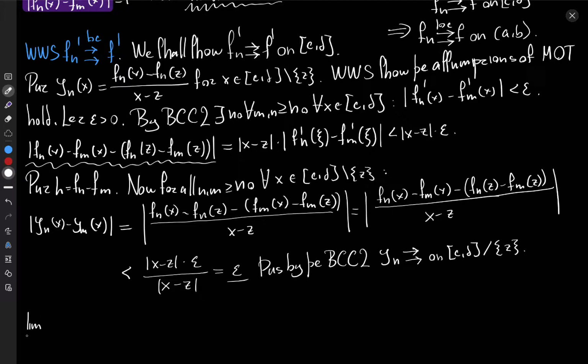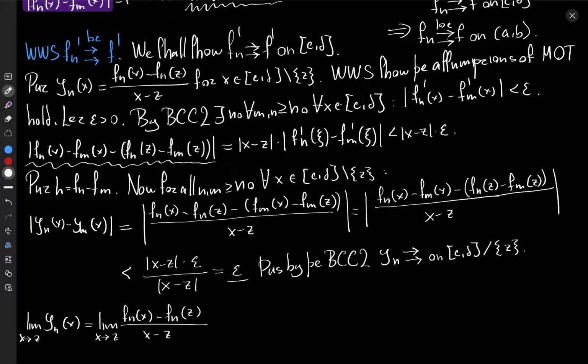Taking the limit as x approaches z of script Sn of x. Well, what is this? By definition, this is the limit as x approaches z of fn of x minus fn of z over x minus z, using the definition of script S here.